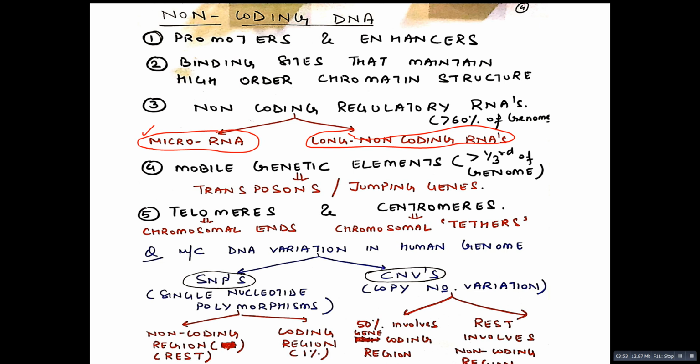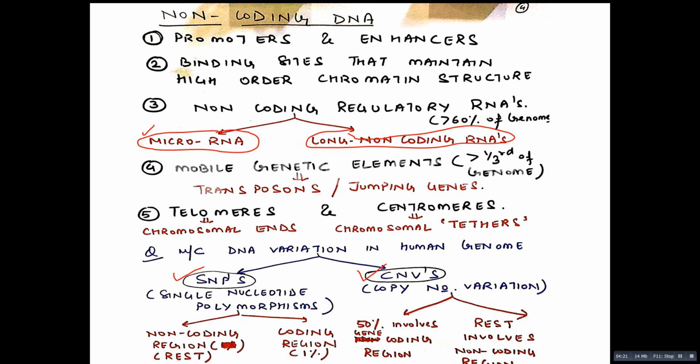A very important question. The most common DNA variations in the human genome are the SNPs and CNVs. SNPs stand for single nucleotide polymorphism, and we will study it in detail when we read about genetics. And we have CNVs, that means copy number variation. Actually, what are SNPs? I will tell you in short.